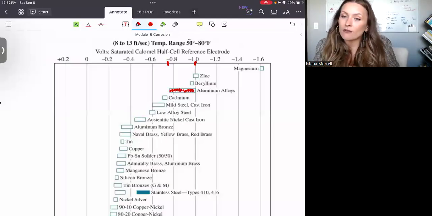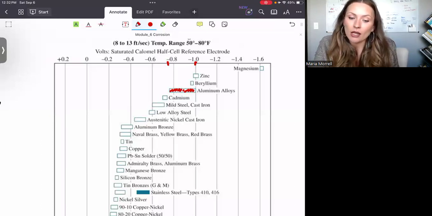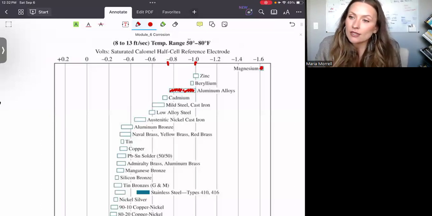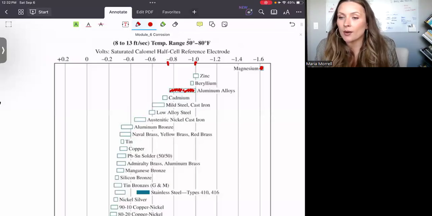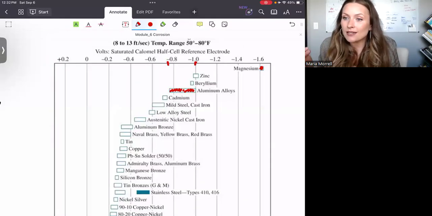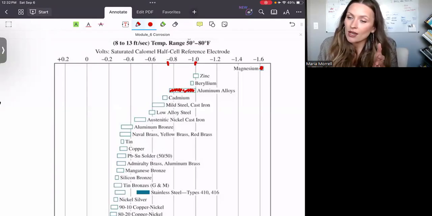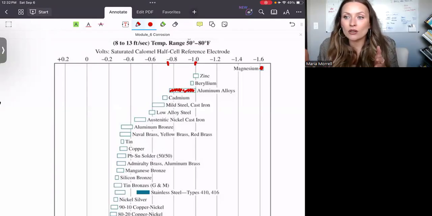So for example, if I am to put in contact aluminum alloy and magnesium, this is going to be trouble, right? If I do not intend either to corrode, right? Because magnesium will instantly be more anodic with respect to aluminum alloy, and that means that your magnesium will corrode.